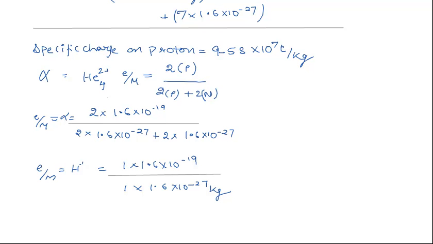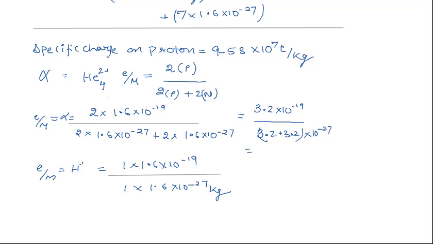So what am I getting here? Let's calculate this. It is 2 into 1.6, 3.2 into 10 to the power minus 19 upon 3.2 plus 3.2 into 10 to the power minus 27.